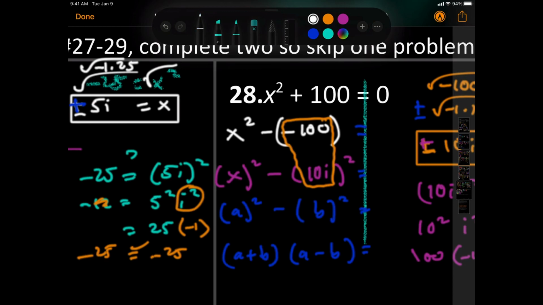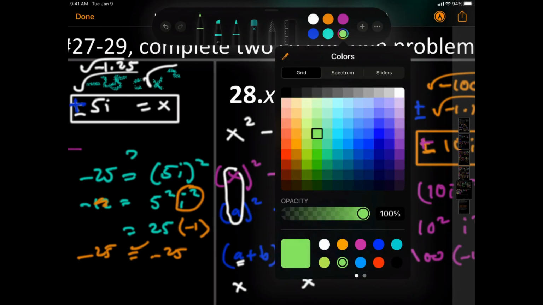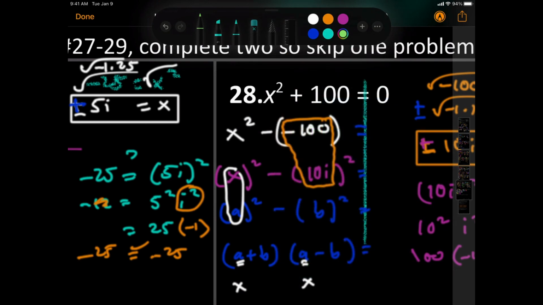Okay, so my a value is x. Instead of writing a, we're writing x. And instead of writing b, we're going to be writing 10i.